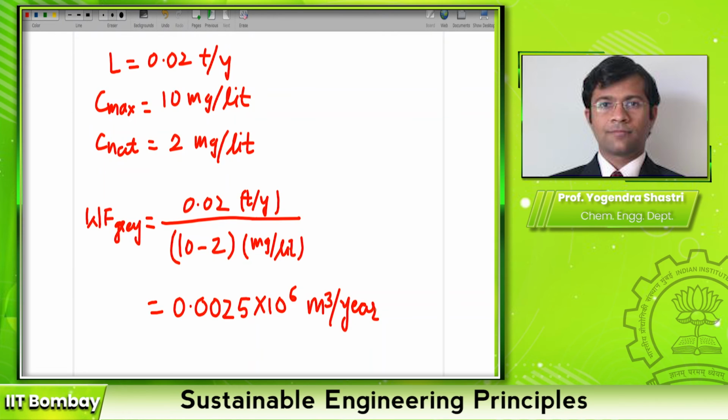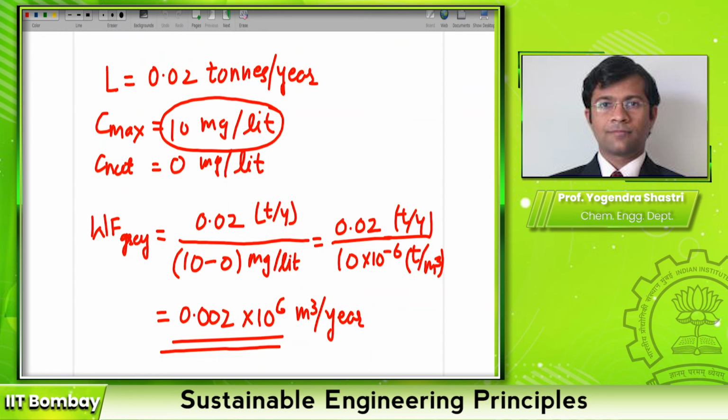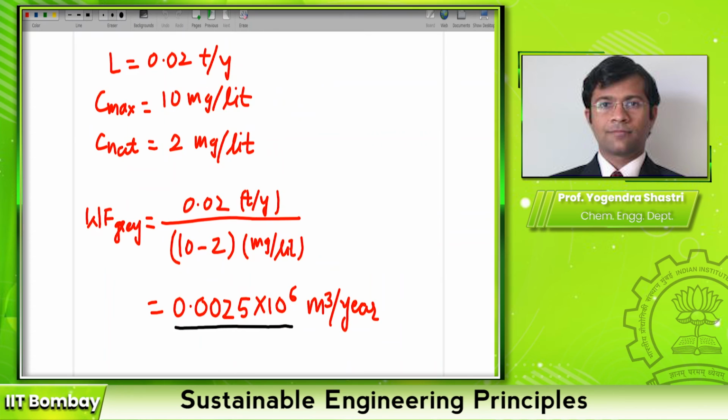So this number that we have calculated now is actually higher than the previous number. The previous number was 0.002. The next number, with the consideration of 2 mg per liter as the natural background concentration, the water footprint is higher.